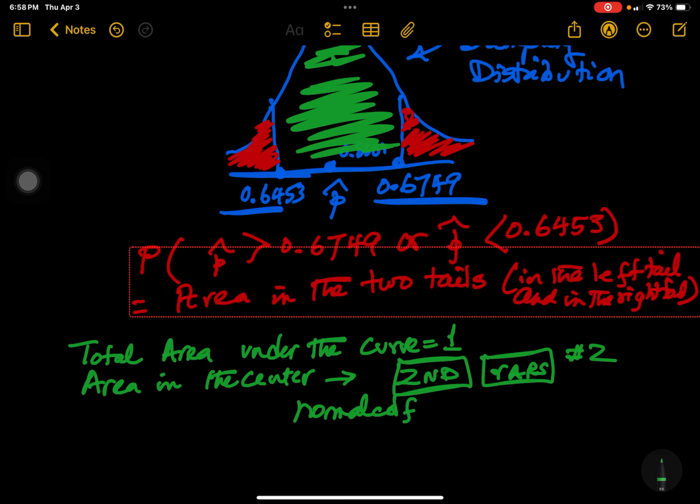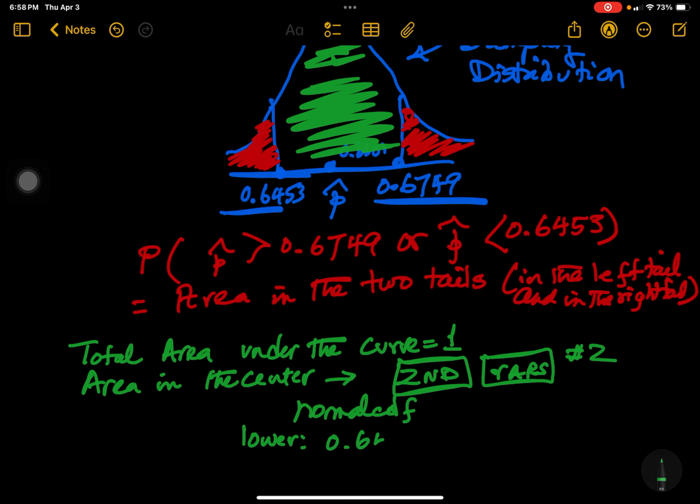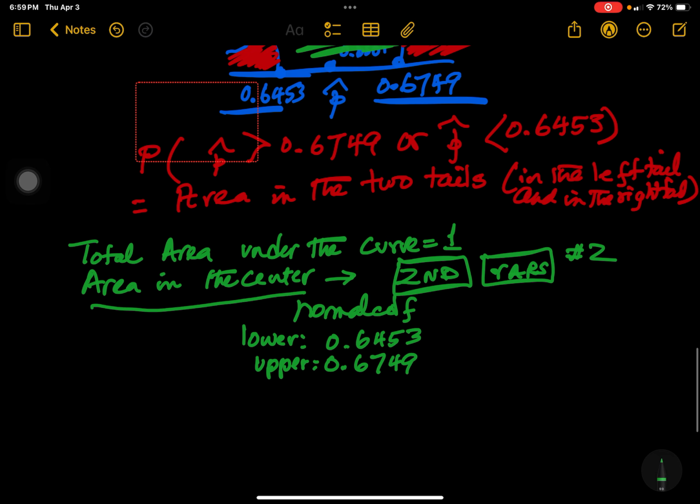I'm starting from 0.6453. My upper boundary is, because I'm finding the area in the center, the green area, 0.6749. My mean, mu, is the population proportion represented by the sample proportion, the single point estimate, which is 0.6601.